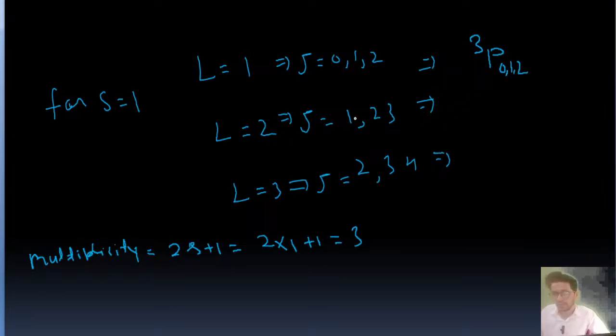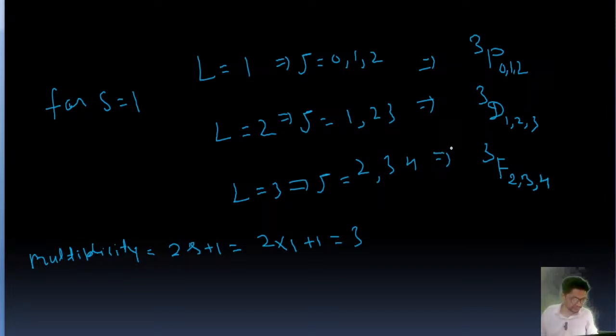L equal to 2 means 3D 1, 2, 3. And L equal to 3 means 3F 2, 3, 4. Okay, so these are the spectroscopic terms.